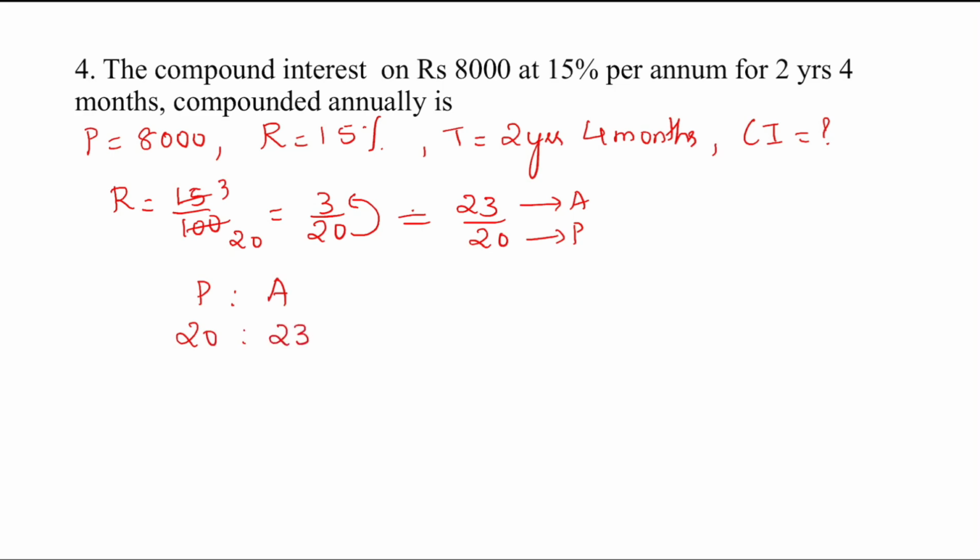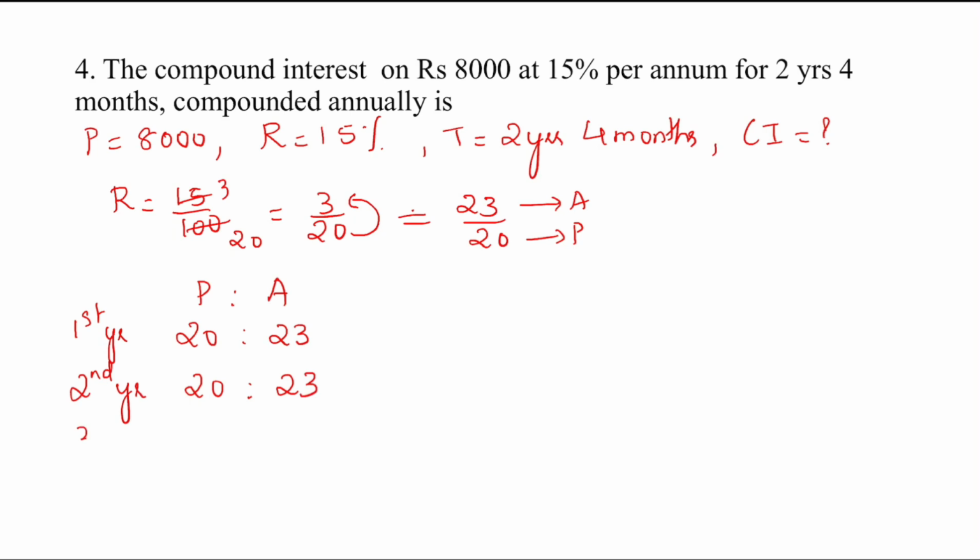Now they are saying 15% per annum for 2 years 4 months, isn't it? So this is for the first year. Then for the second year it will be how much? Square of this, isn't it? So it is again 20 into 23.